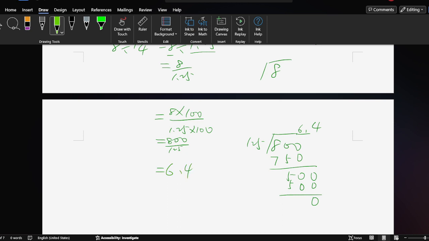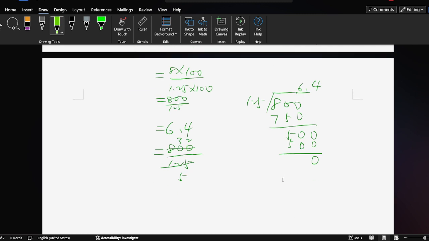This method is a little bit complicated and also spends some time. Usually if they can use another fast method, we use that method. So 800 divided by 125. We can observe that we can take the common factor 25. So here should be 5, and here should be 32. 800 divided by 25 is 32.